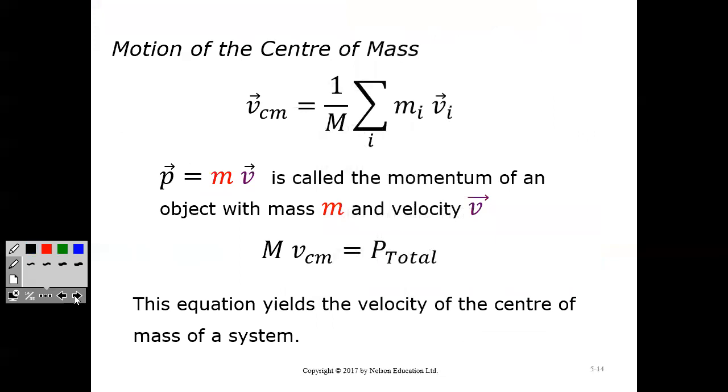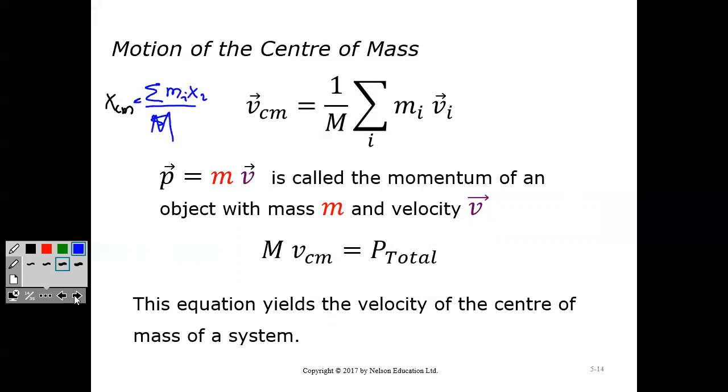We will go to center of mass velocity. So we got the center of mass position. Now, the center of mass position, if I write it for just the x center of mass, is equal to the summation of mass times position divided by the total mass.